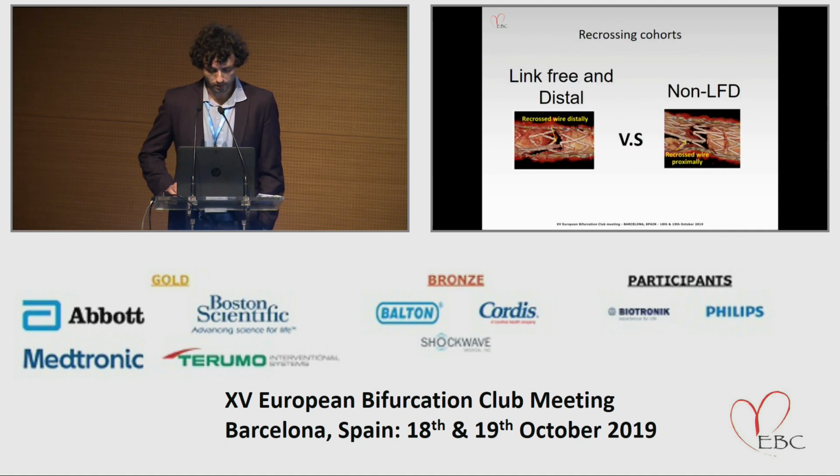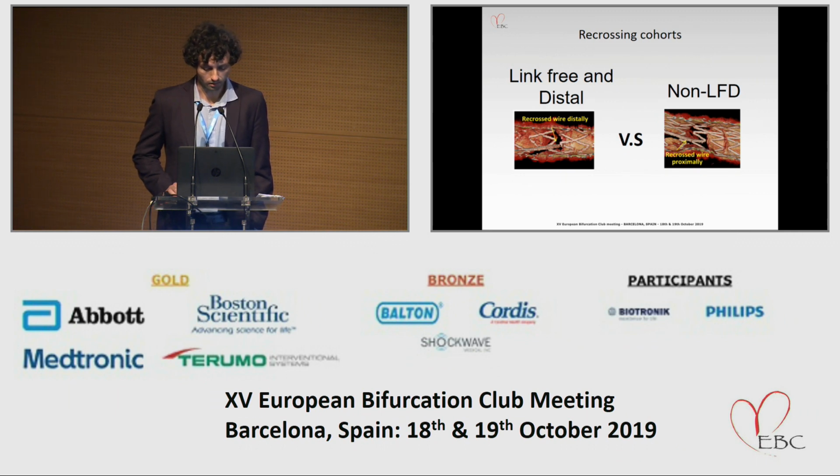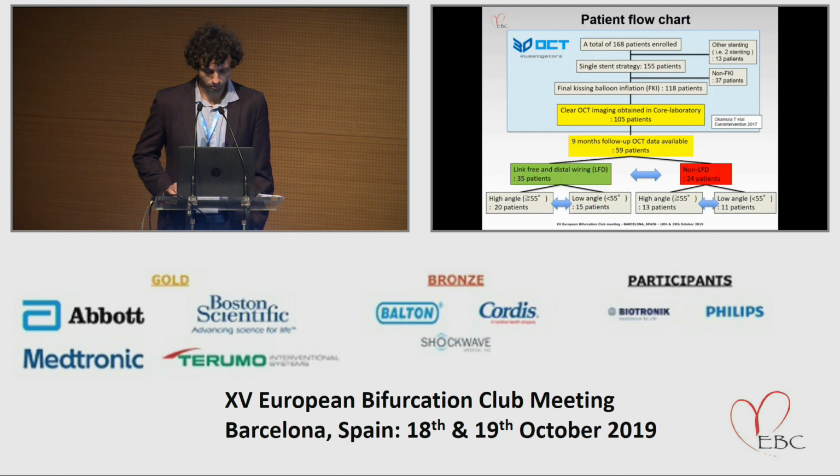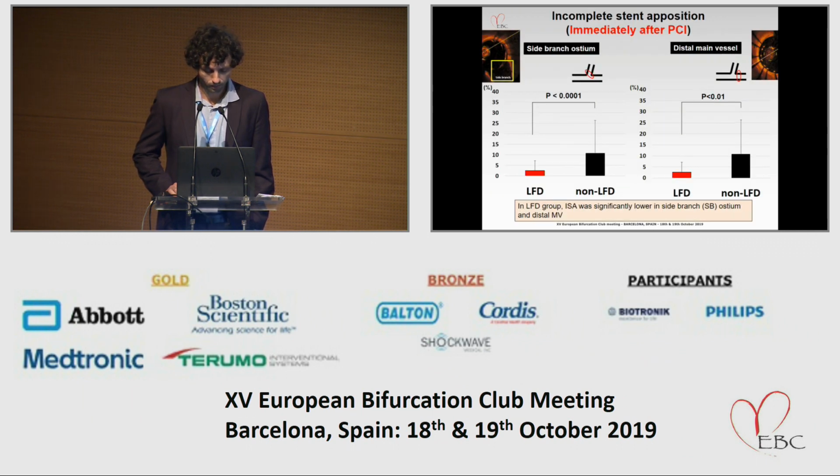They also divided the cohorts into link-free and distal, namely optimal, and non-link-free and distal groups of patients. They enrolled 105 patients initially, and did a 9-month follow-up in 59 patients, with 35 patients in the link-free and distal wiring group. And what they found immediately after PCI was that optimal rewiring at the point of the side branch ostium and at the distal main vessel resulted in less ISA.